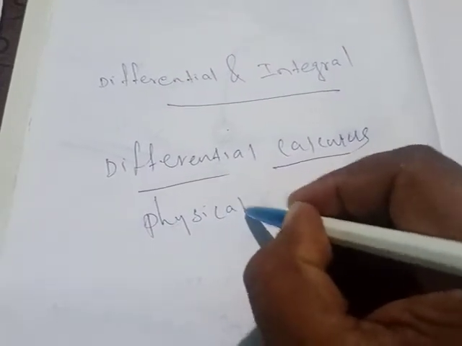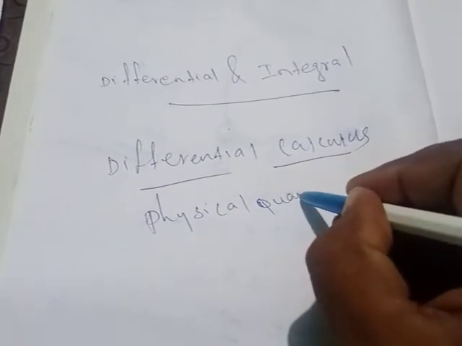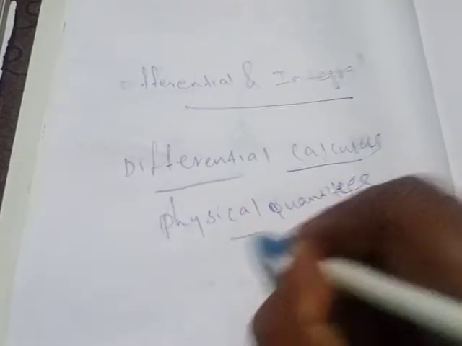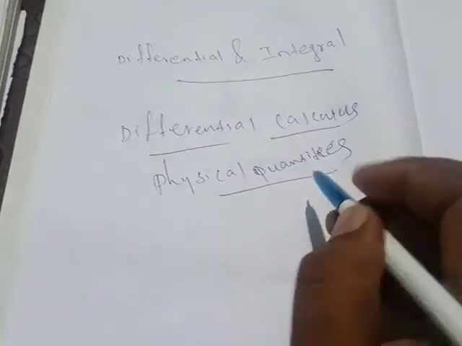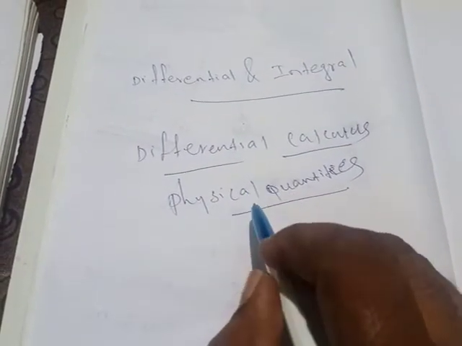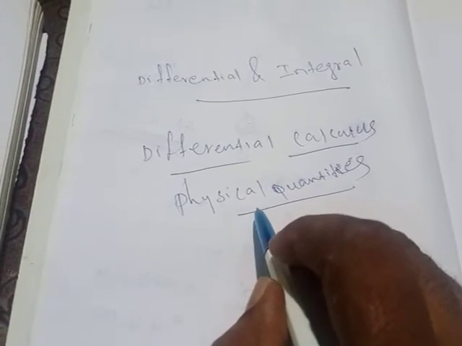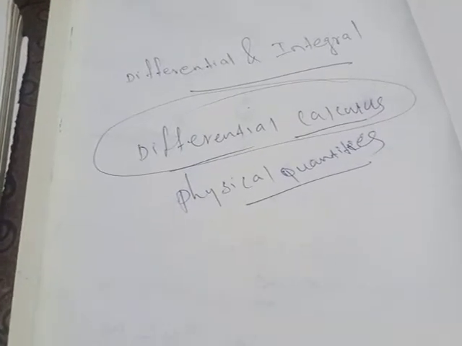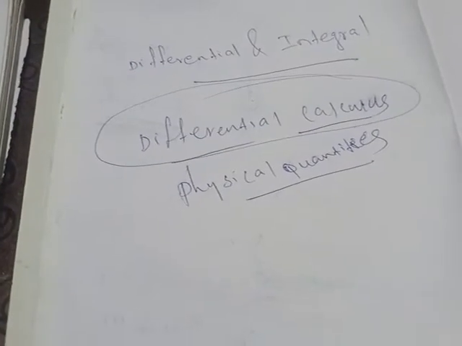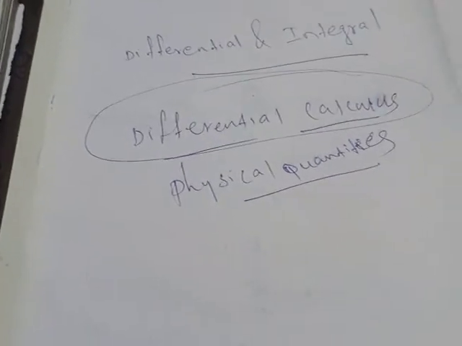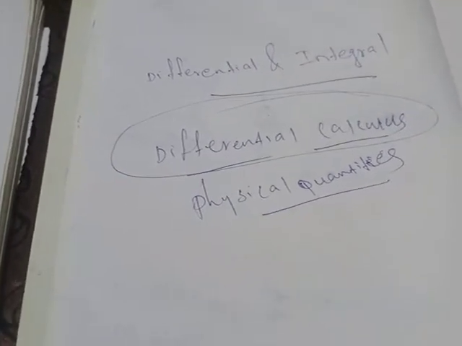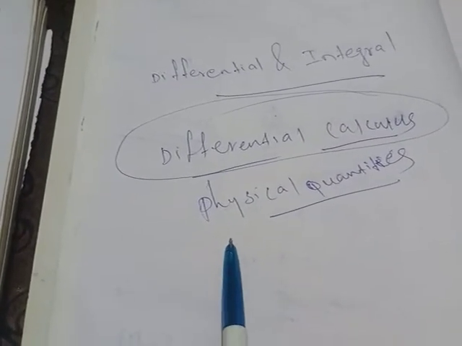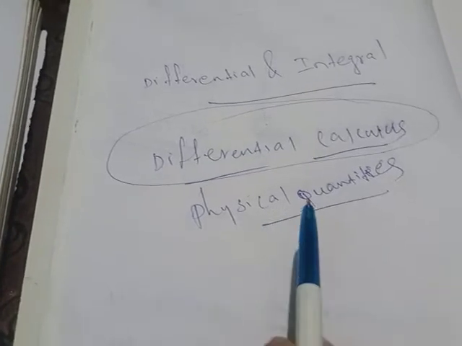In physics there are so many physical quantities, and all these physical quantities we can represent by a function in mathematics. Differentiation and integration in mathematics is a vast chapter, very very big, but here we are studying some of the basics of differentiation only, and mainly it is based on mathematics.